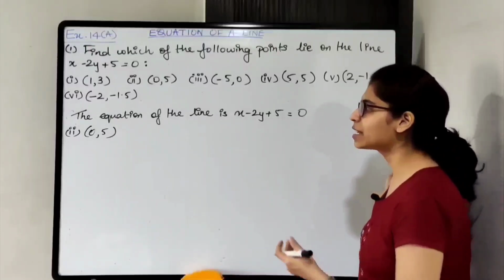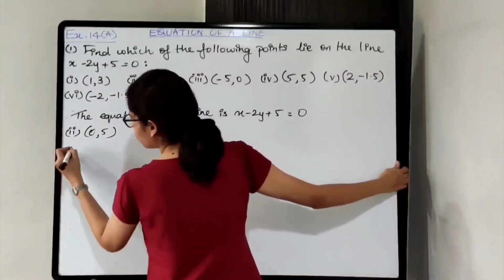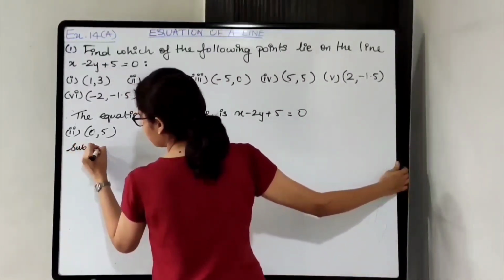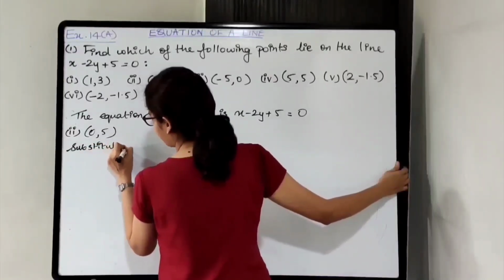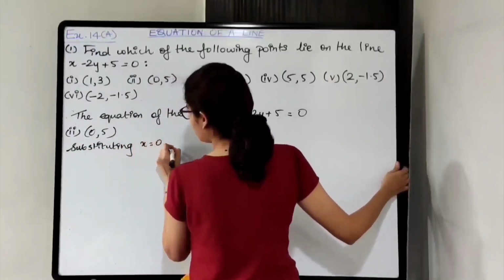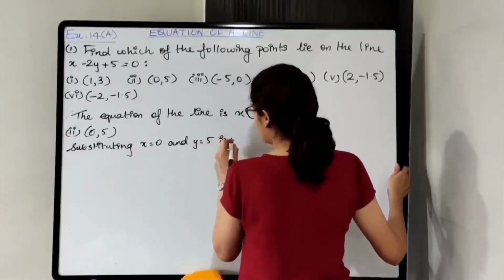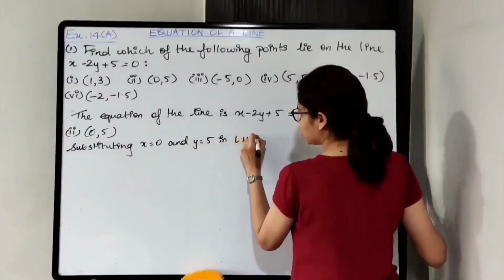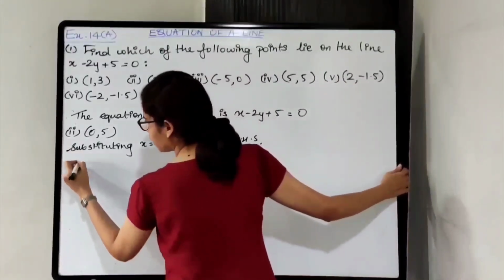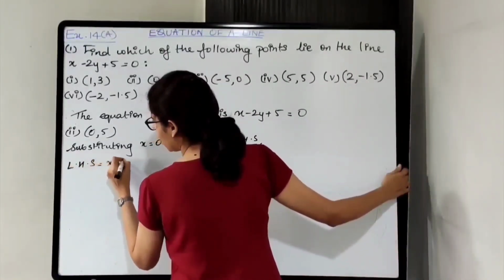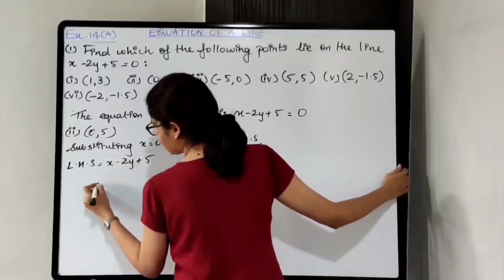Second point's coordinates are 0, 5. So substituting x equal to 0 and y equal to 5 in LHS. So LHS is x minus 2y plus 5.